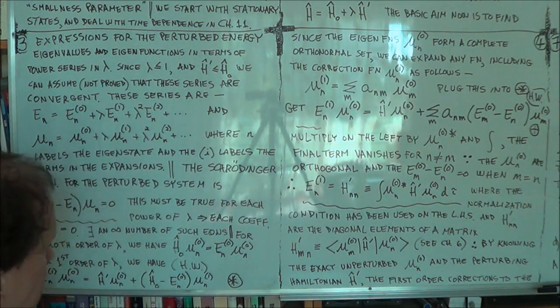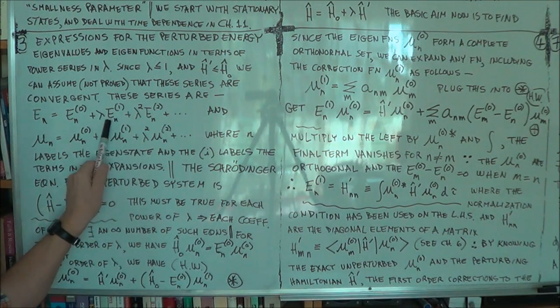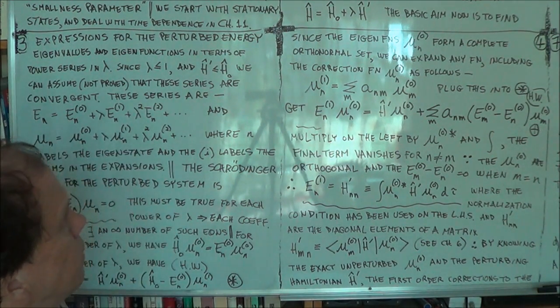So we'll start playing with this star circle equation and see if we can find a formula for un1, the first order correction to the eigenfunctions, and En1, the first order correction to the eigenenergies, the eigenvalues.